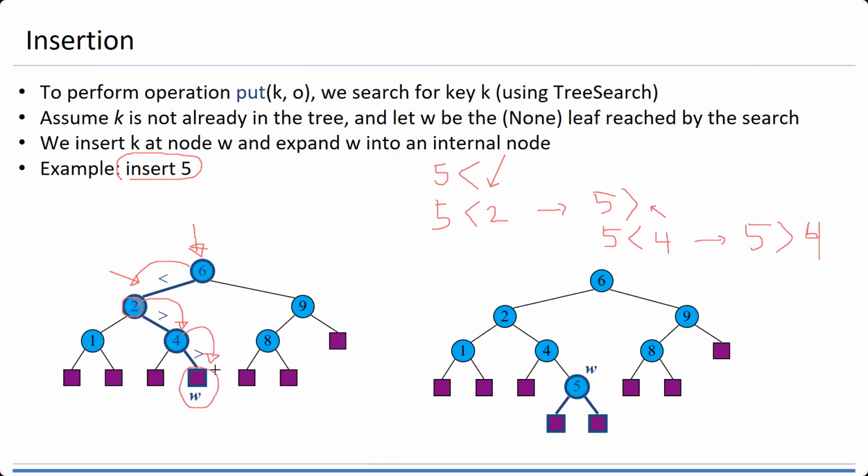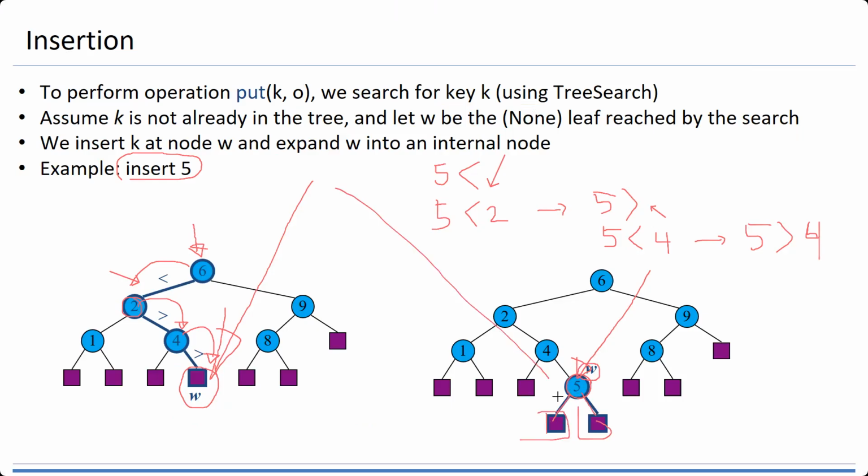Then this is the external node. So this is the external node that we want to use to insert 5. Then 5 will be here. So this is the new node of 5. And w here will add a new external node.